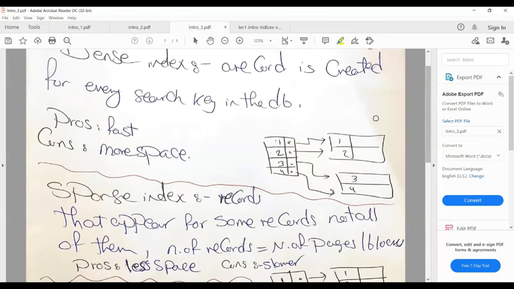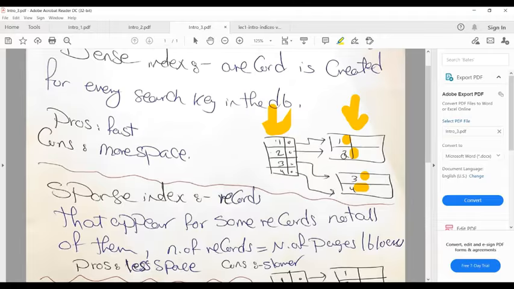Okay, now consider that this is our database. I have 4 records, and this is our primary key: 1, 2, 3, 4. And this is our index. Dense index states that for every single record I hit in the DB, this record must be included in my dense index.